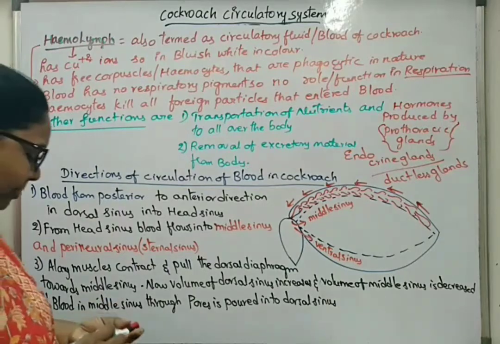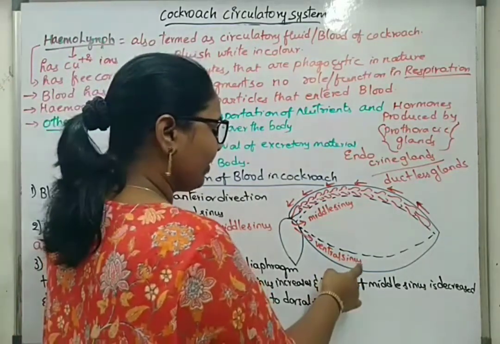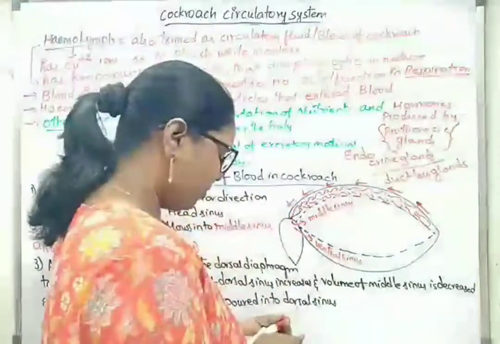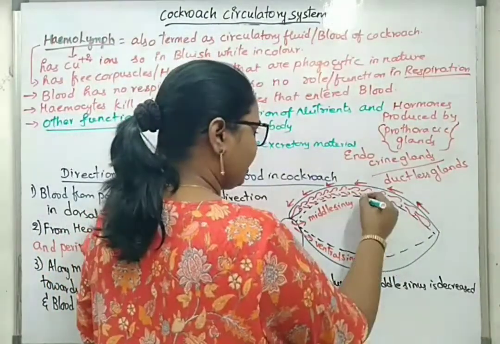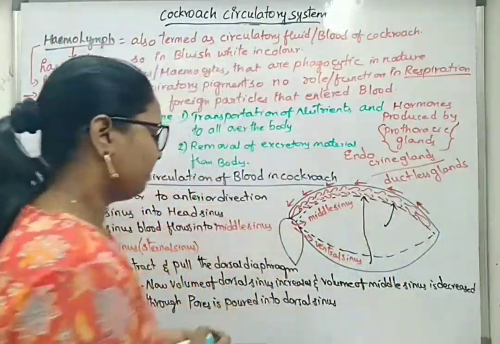So blood from middle sinus and this ventral sinus, both of them will be moved to dorsal sinus. This one and this one.